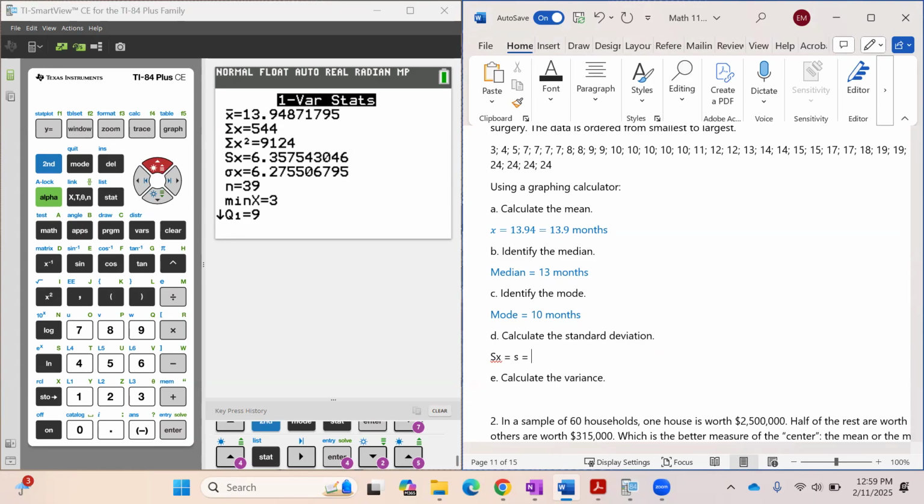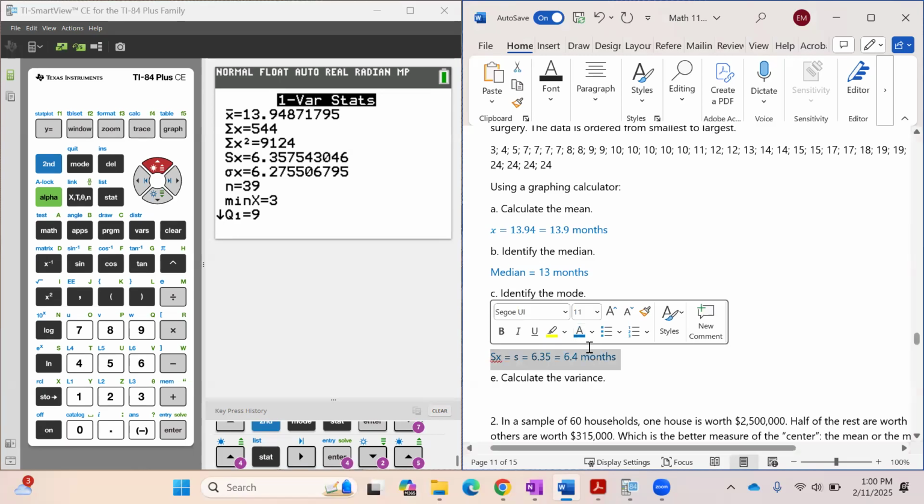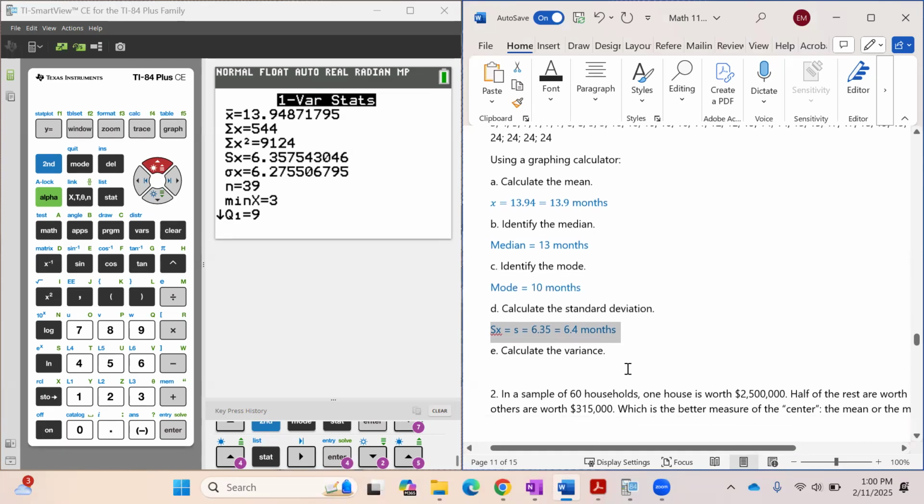And that's going to equal 6.35. Same thing with the mean. Since our original data is whole numbers, we want to round to one more decimal place. Since we have a 5 next to the 3, it's going to round up that 3. And what this would equal is 6.4 months. Okay, so that's how we would do the standard deviation.